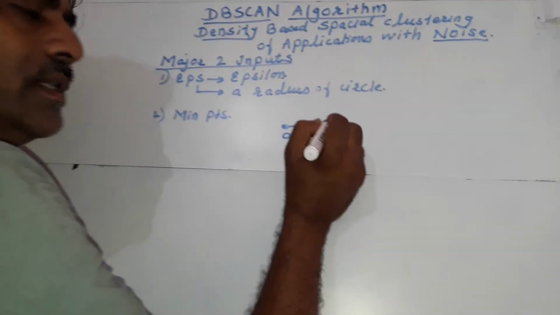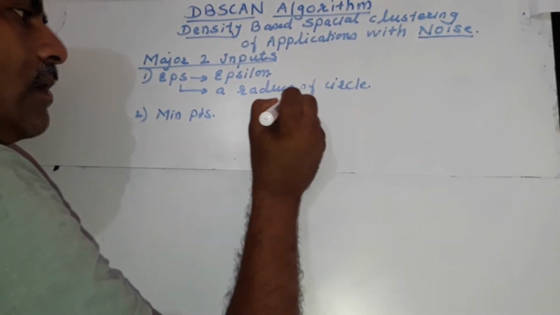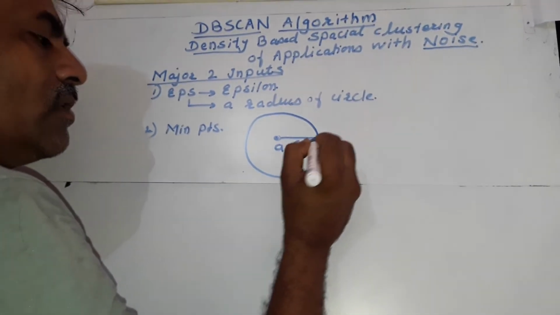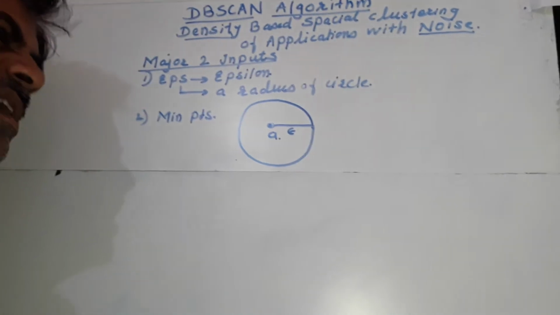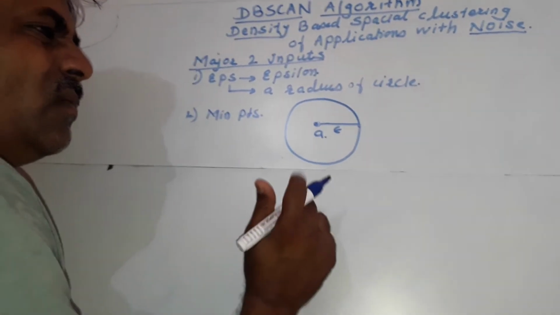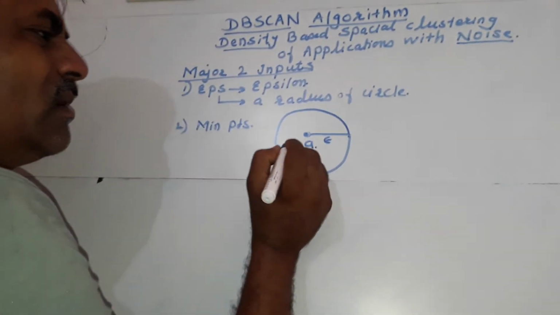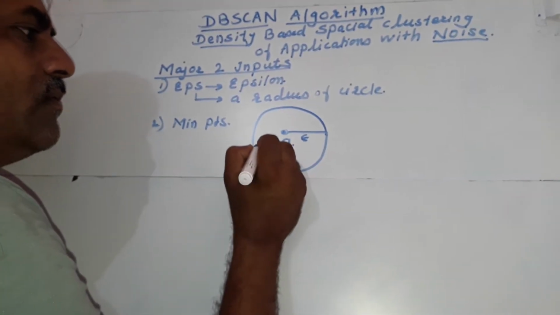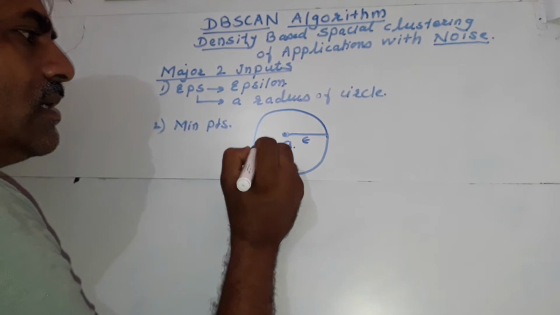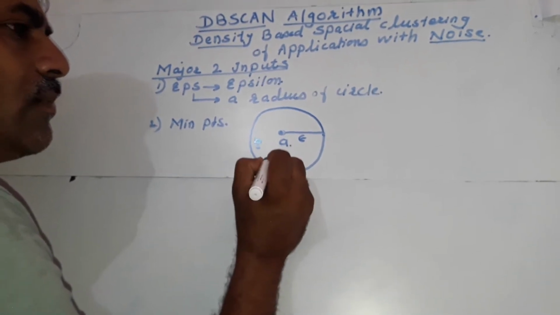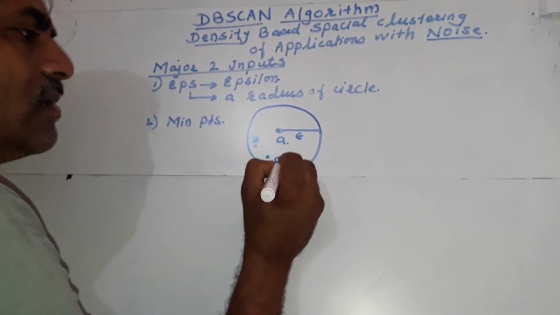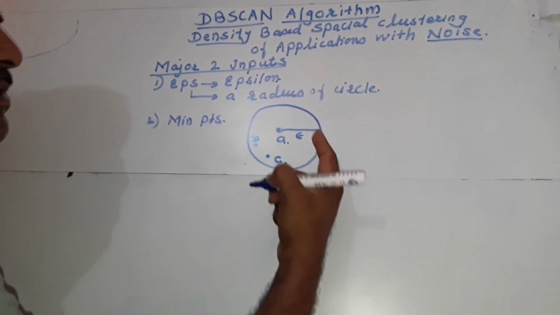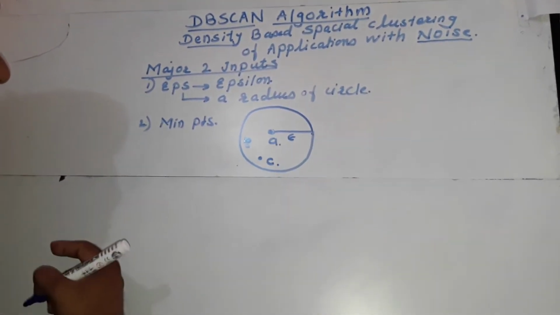We will draw a circle by considering the epsilon value as the radius of the circle. After drawing it, we see that two more data points come up within the vicinity of the radius of the circle, right?